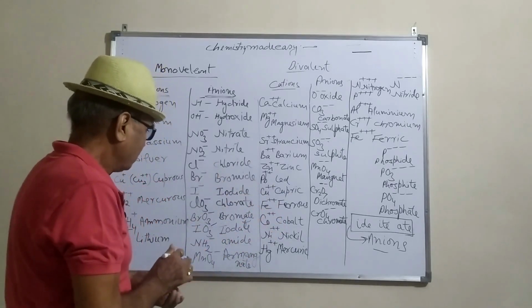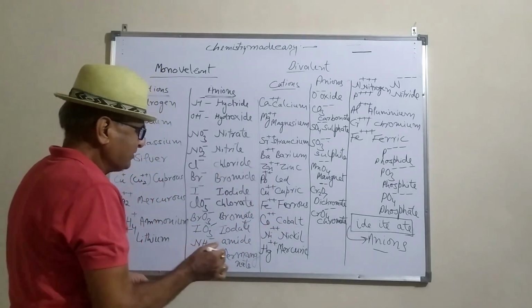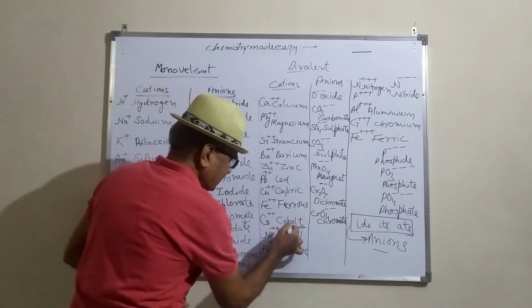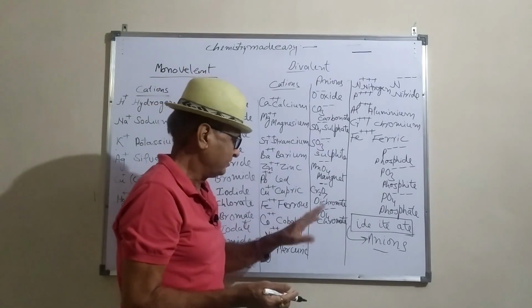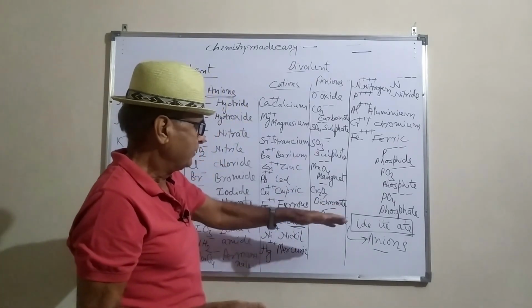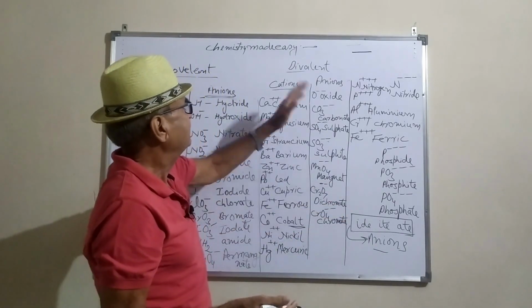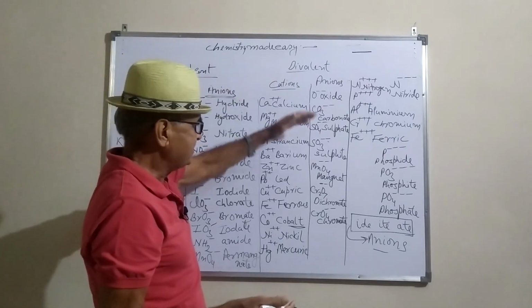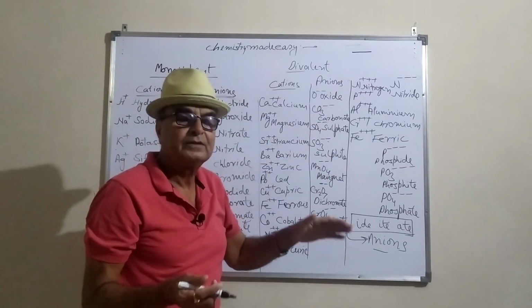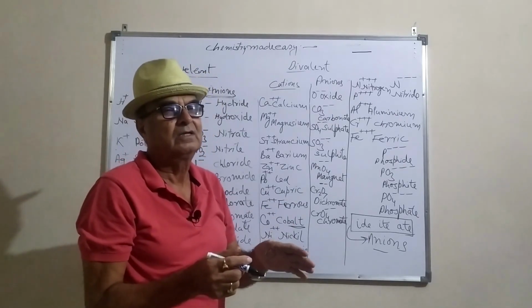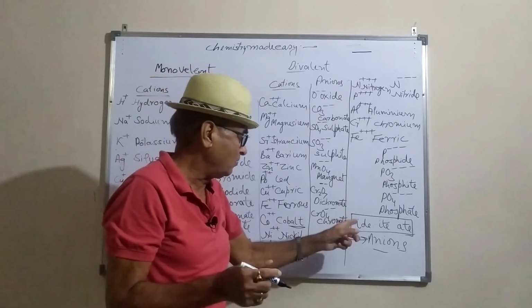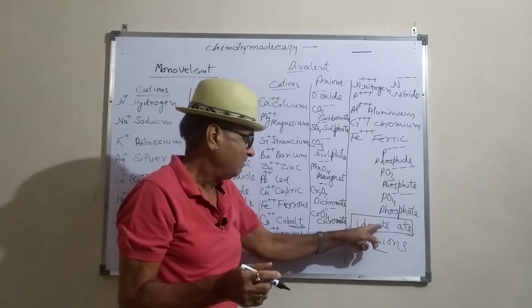Cobalt is the only exception, which ends with T. So to identify anions, you should know that all the anions end with ite and ate.